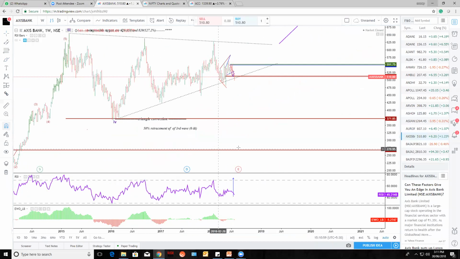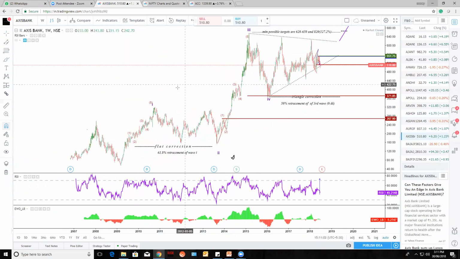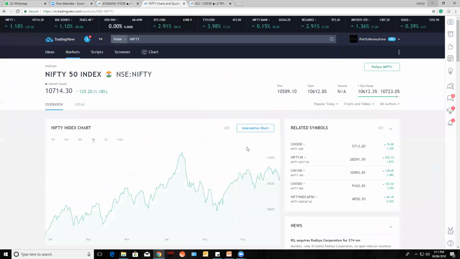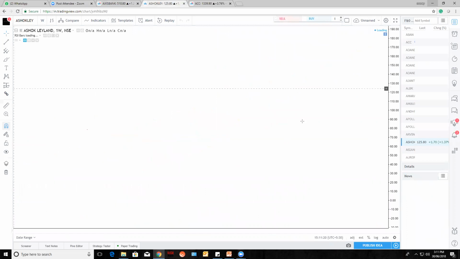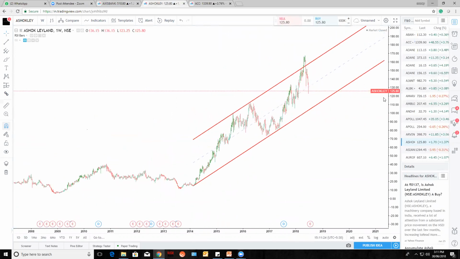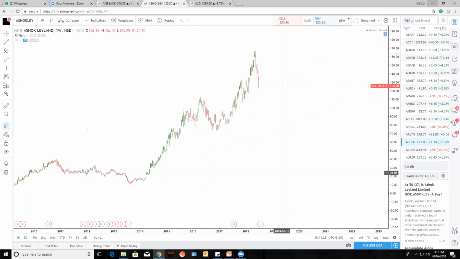It's a weekly chart. I'll take a Nifty chart itself. It's a Nifty weekly chart.